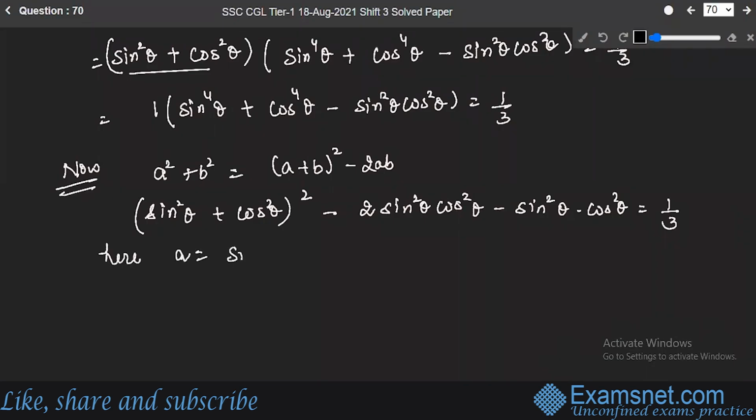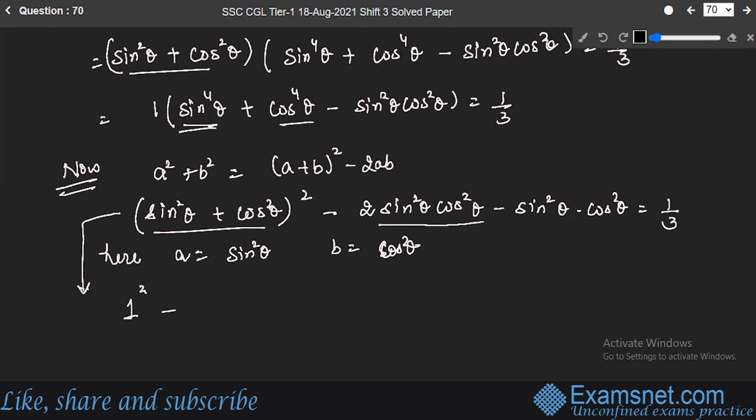Here I have taken a is equal to sine square theta and b is equal to cos square theta, because this was sine raised to power 4 theta and this was cos raised to power 4 theta. Now using this, you know sine square theta plus cos square theta is equal to 1. So this is equal to 1 square minus 2 sine square theta cos square theta minus sine square theta cos square theta, which will be minus 3 sine square theta cos square theta is equal to 1 by 3. Right, I hope you're clear till here.